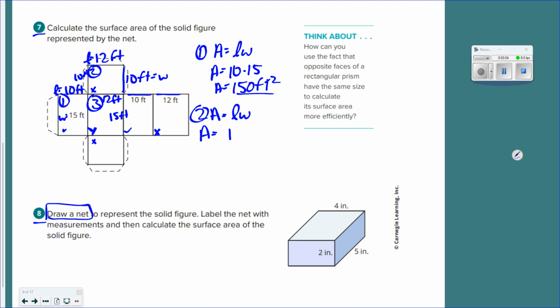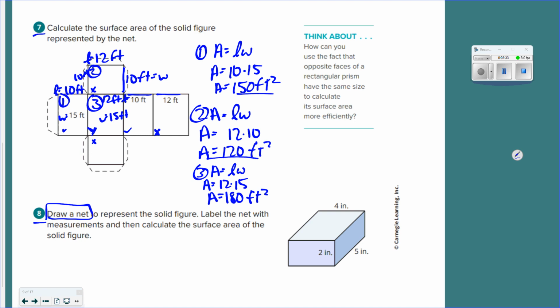So this one is 12 times 10, or 120 square feet. For my third one, down here, I've got a length of 12 and a width of 15. So I know that it's going to be 12 times 15, which is 180 square feet. Does anybody need to do your math on any of those?